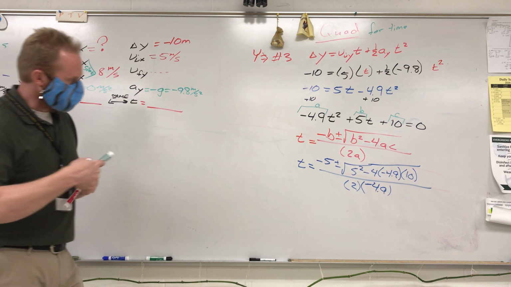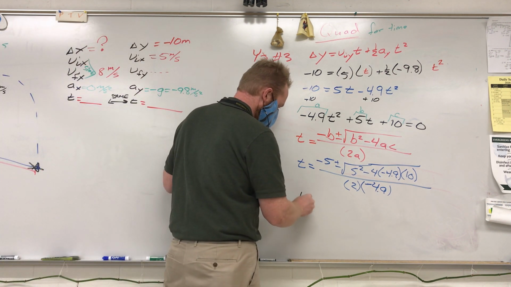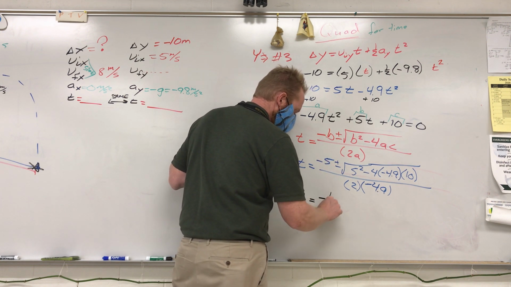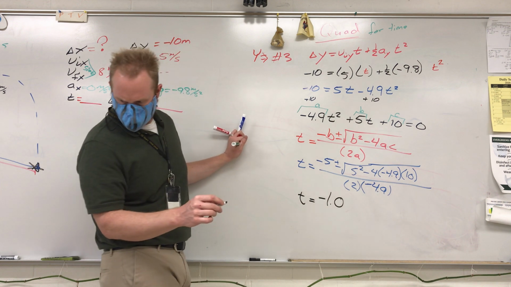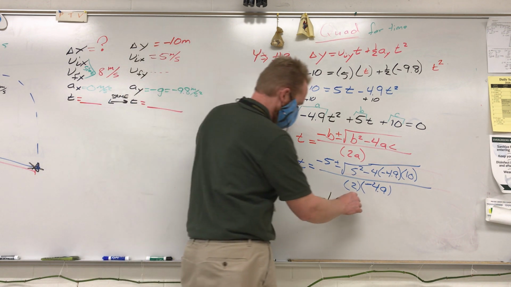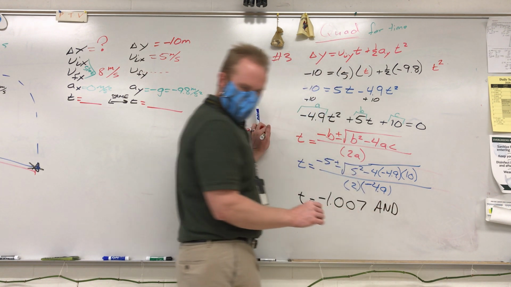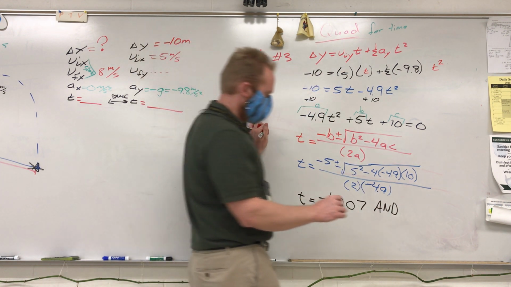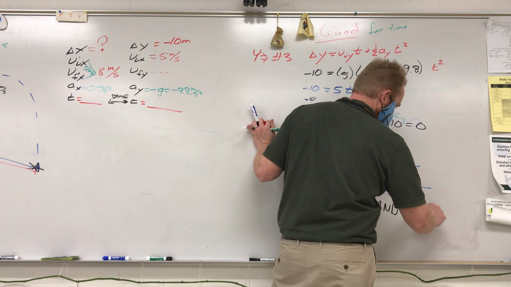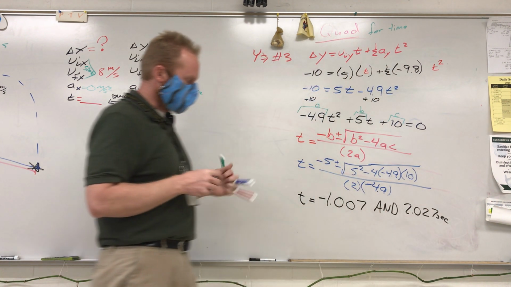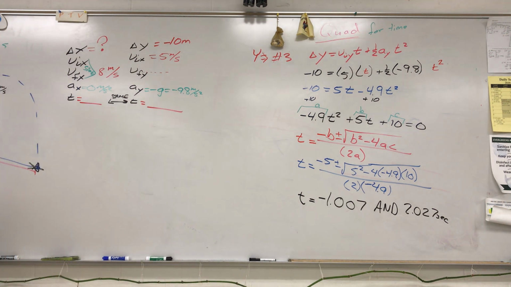And then I did this already, and we get t, there's two solutions, right? So it's negative 1.007 and 2.027 seconds. So those are your two solutions to that problem.